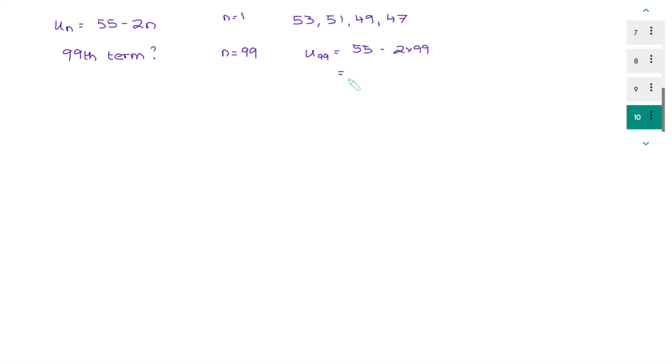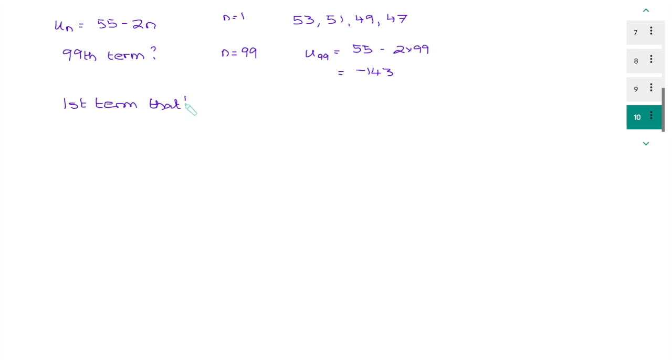Okay, so if you work that out, we get minus 143. So that's all it's asking us to do. And then it asks us to problem solve a bit, and it says, what's the first term that's negative?